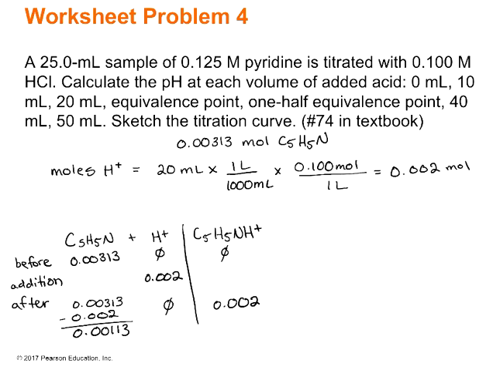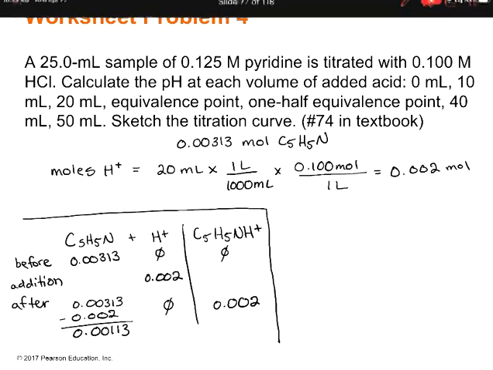Okay, so again, we can use the Henderson-Hasselbalch equation because we have both our weak base and its conjugate acid present. So this is a buffer.